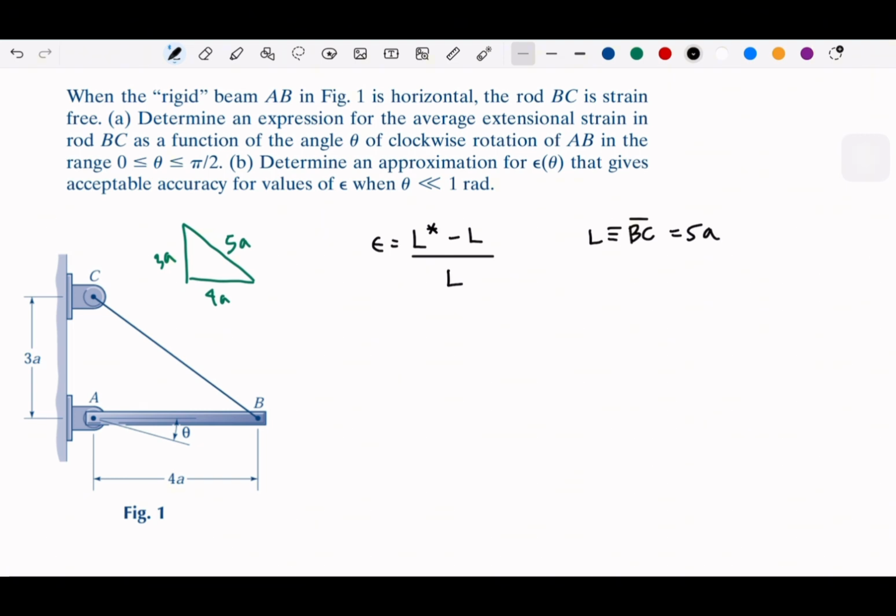Then we are going to deform the beam AB. Beam AB will rotate, and this BC will have some stretching, so it has some extended length. Let's make that happen.